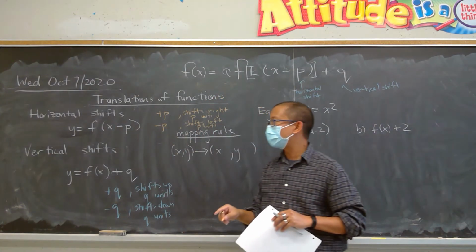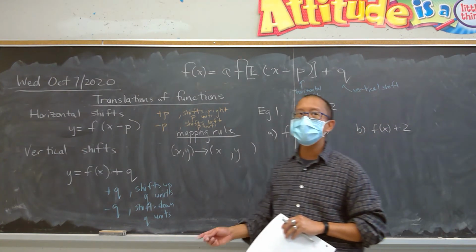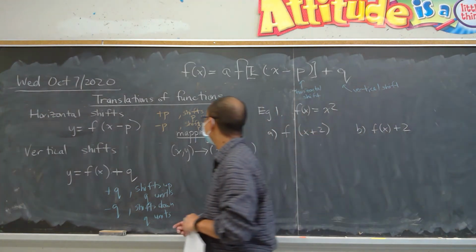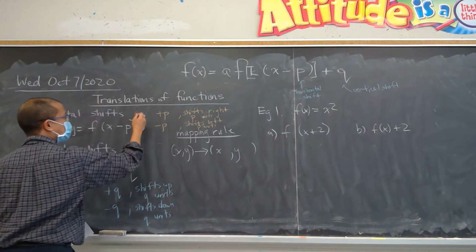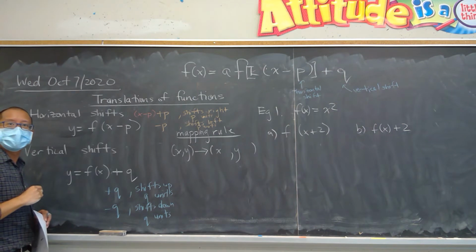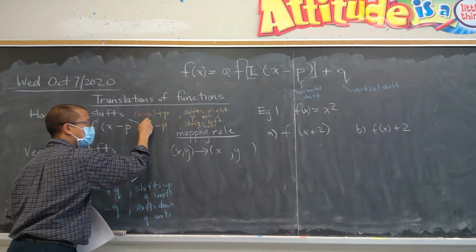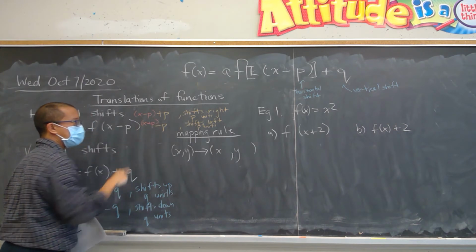I think that most students in grade 10 and 11 find this difficult, so I even like putting it in the brackets. So in this case, you would see it written as this. Everyone agree? This means it shifts right p. And this one, x plus p, it shifts left.